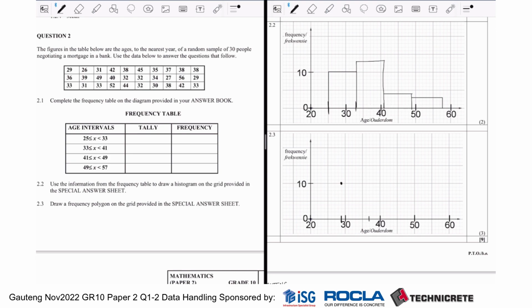And then the frequency was 13, so that's going to be here. Then for the next ones, I had 41 plus 49, which is 90, and I divide that by 2 is 45. So that's my halfway point between the class. And for that one, I had 4 people. So that's going to be here. Sorry, 45.